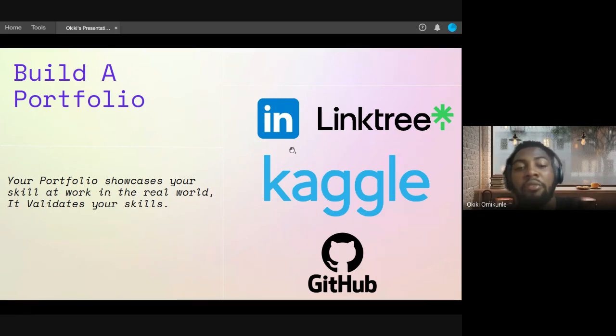LinkedIn is also another very good platform. And Linktree also. I personally use Linktree for my own portfolio. So these are very great platforms to showcase your portfolio. And your portfolio doesn't have to be perfect at first. You can just start. That is the basic thing.